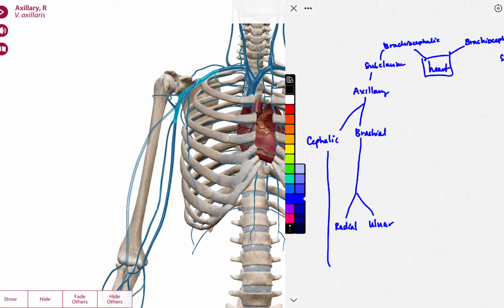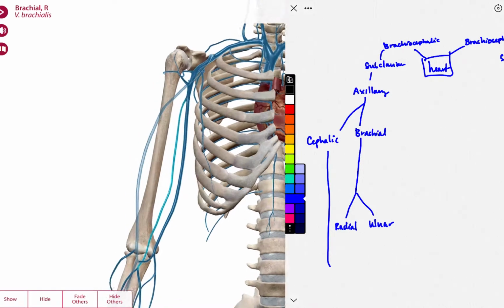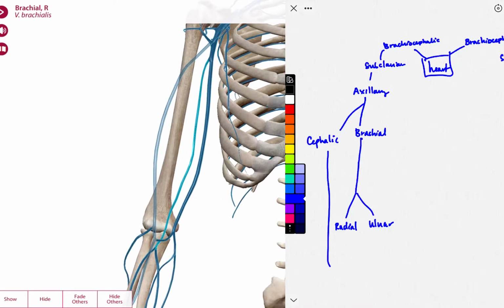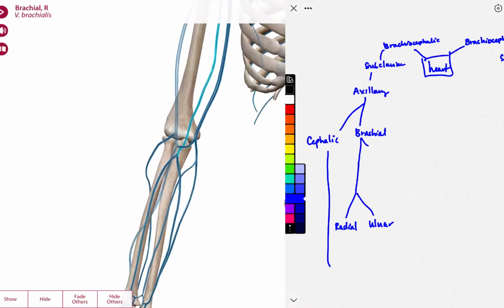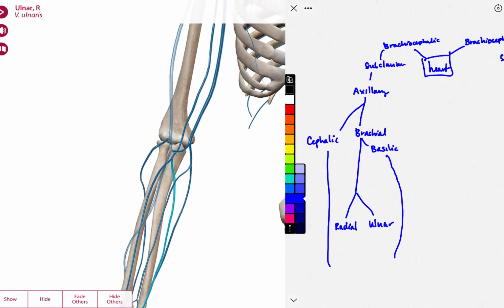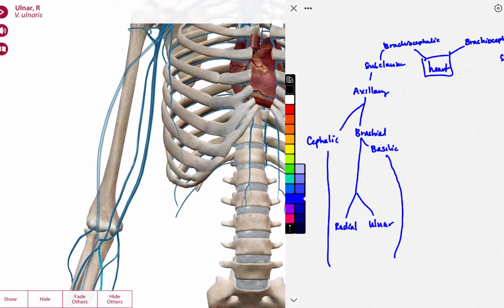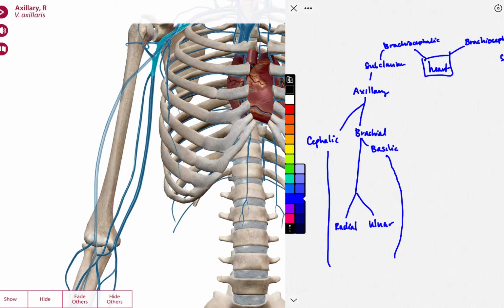As we go a little bit further down, now we have this brachial, which, just like it did with the arteries, is going to branch into a radial and an ulnar. And then we've got something else going on here. All right.